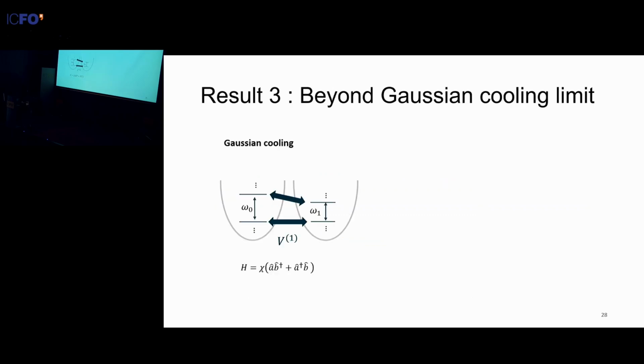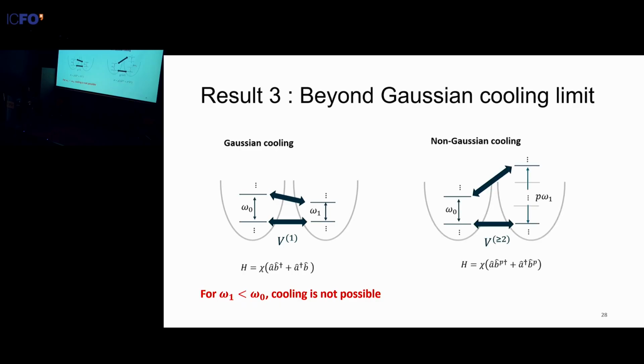Yeah, so this would be my third result about the beyond-Gaussian cooling limit. A quick recap: we show that if you only have Gaussian operations, even the most optimal one like the swap, as long as the gap of your machine is smaller than or equal to that of the system, it is not possible for you to do cooling.